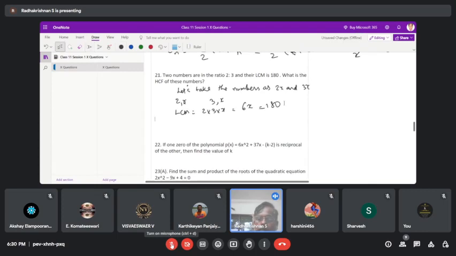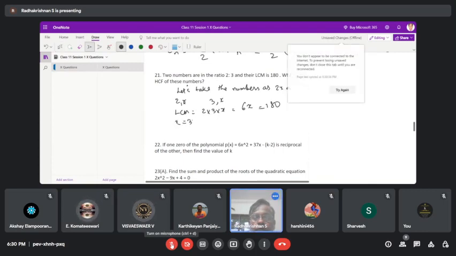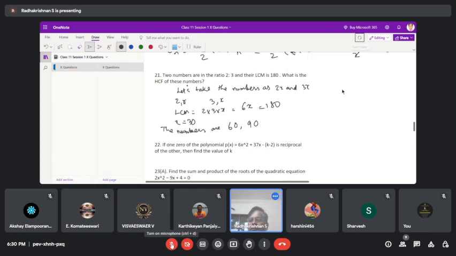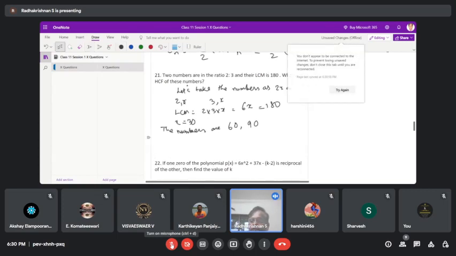6x equal to 180. So what is x? Sir, 30. Okay, x equal to 30. So the numbers are 2x and 3x, right? 2 into 30, 3 into 30. So now we know that the numbers are 60 and 90. What is the HCF?